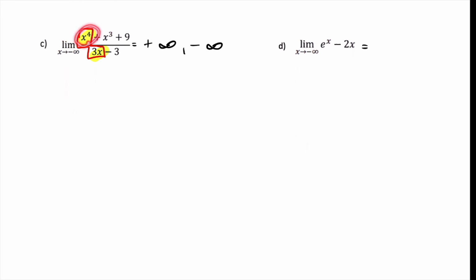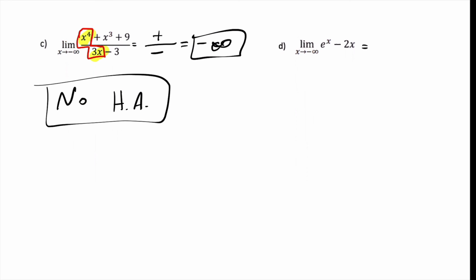Would this give me a positive or a negative? On top, positive, right? Because x to the 4th cancels out negative. So you would get a positive. On bottom, what would I get? Negative, because it's just multiplied times 3. And so that leads me to a negative infinity answer. That's the limit. Now, what did it say about the horizontal asymptote? There's none. No horizontal asymptote. Very good.